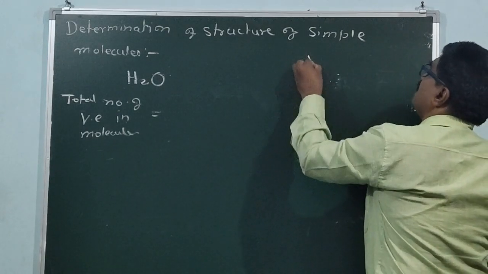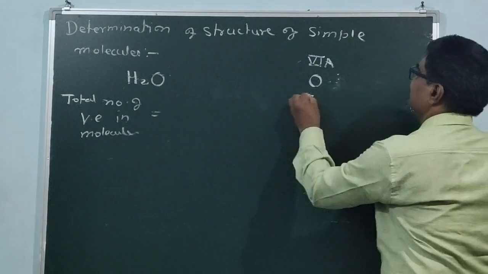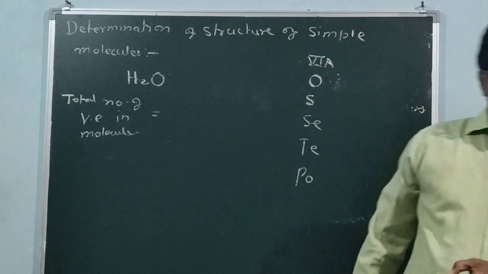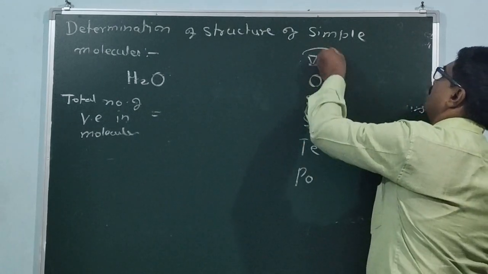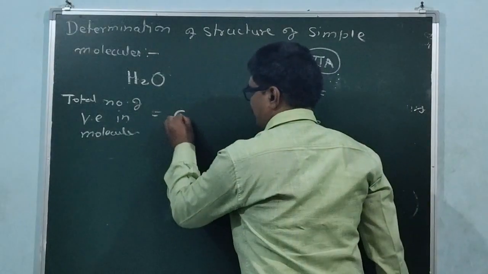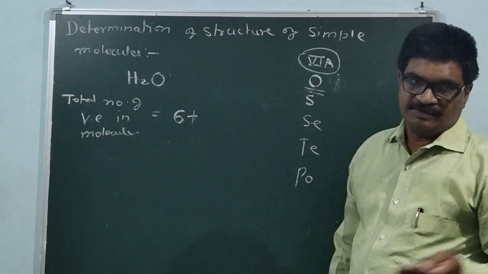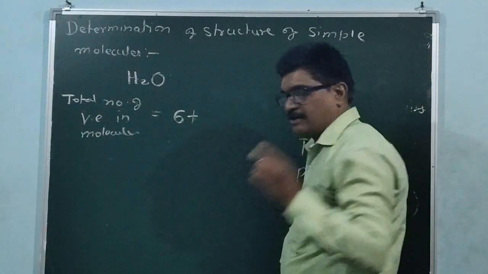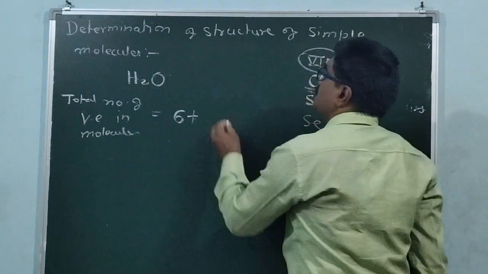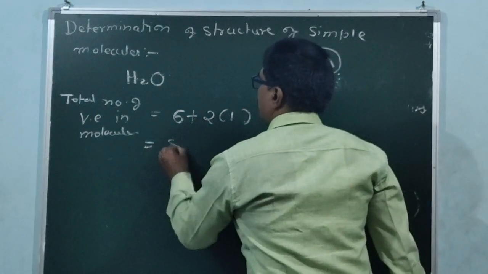Oxygen is present in the 6th group of the long form periodic table, so the number of valence electrons contributed by oxygen will be 6. Plus hydrogen, which is present in the first group, contributes 1 electron. There are 2 hydrogens, so it becomes 8.